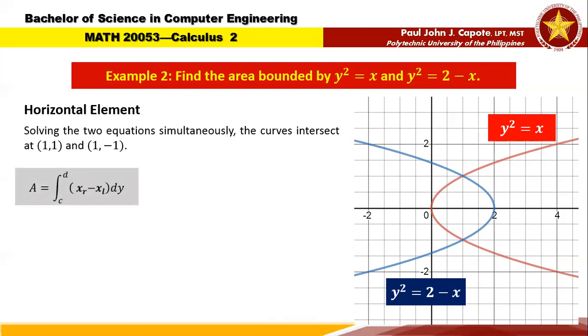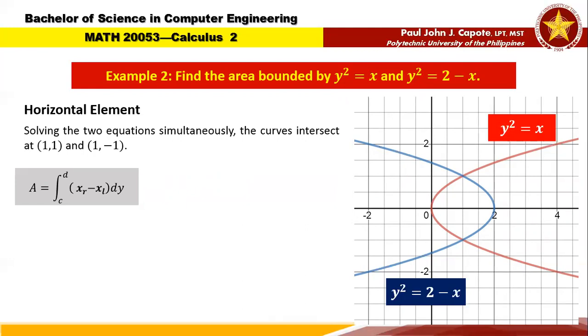We will use this general formula since we are applying horizontal element of the area. But before proceeding, we need to determine which of these two functions is the right curve, so we can determine our x sub r, and which is the left curve, so we can determine our x sub l.